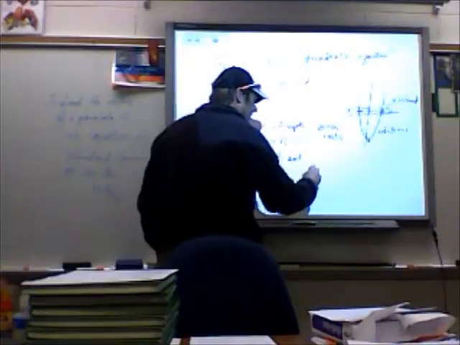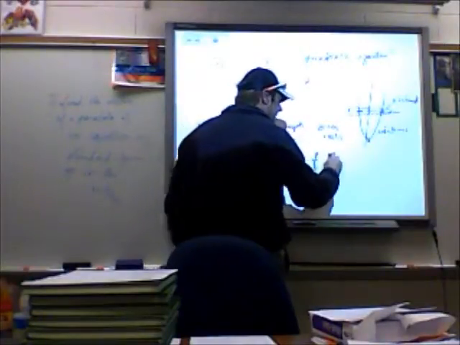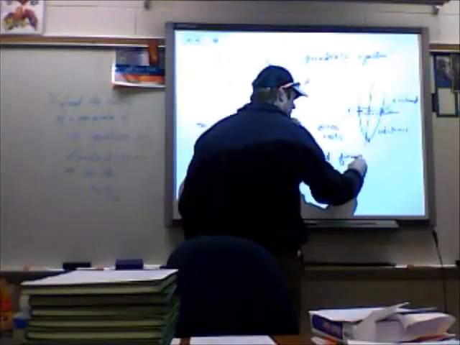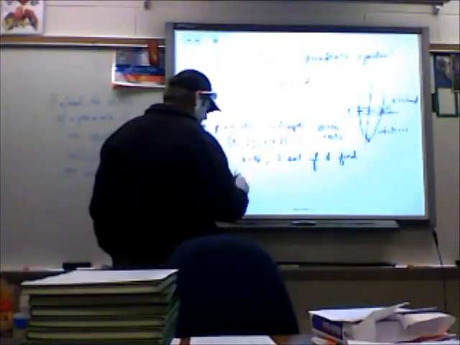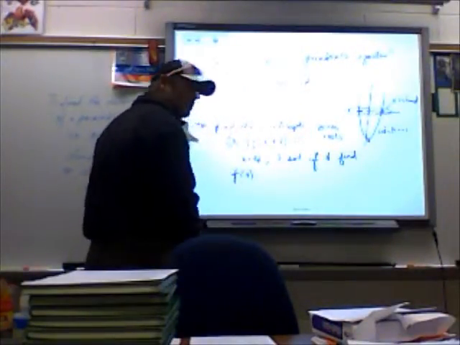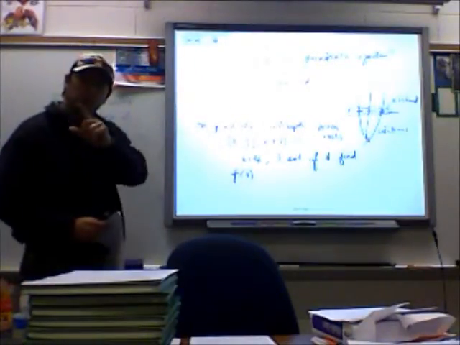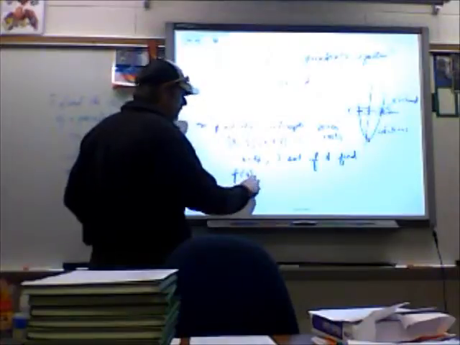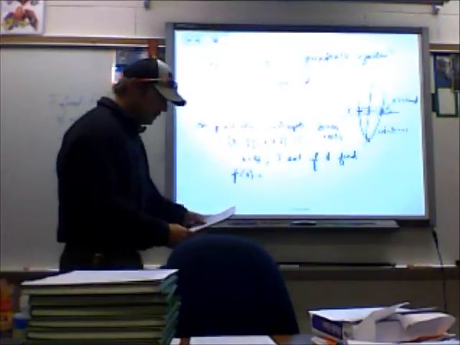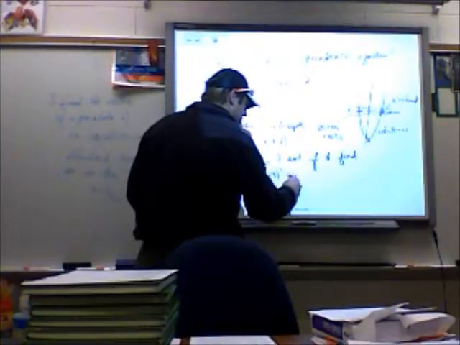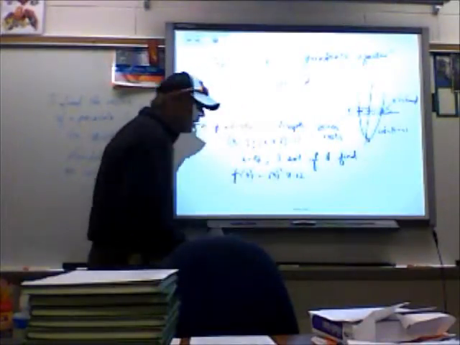So, if I find f of 4, it doesn't ask you to do it. Now, where does it say find f of 4? But what you know is this. You know if you take f of 4 and plug it in, what was the equation? 4 squared minus 4 minus 12, what does that give you?